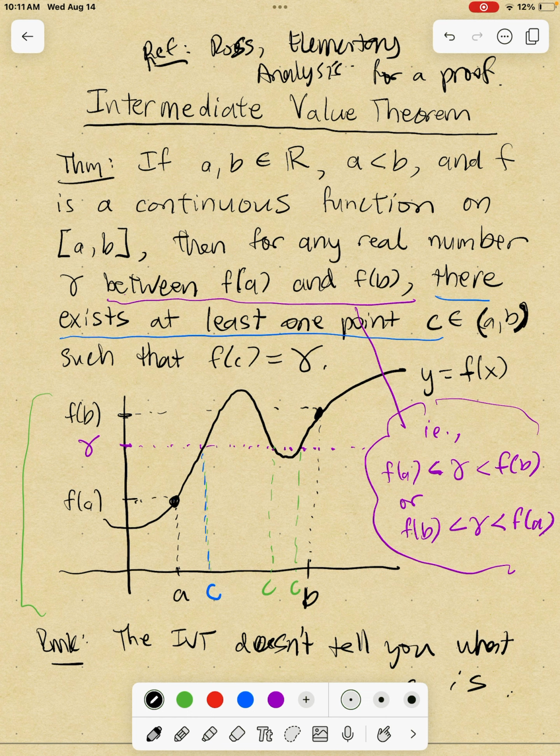That's a reference. And I'll probably make another video where I present the proof.